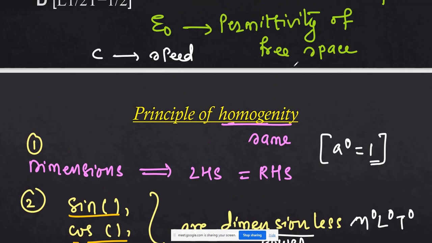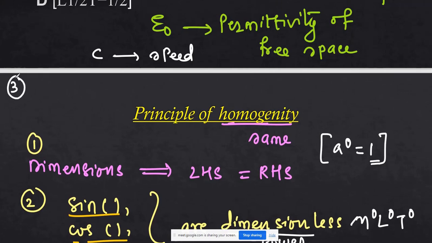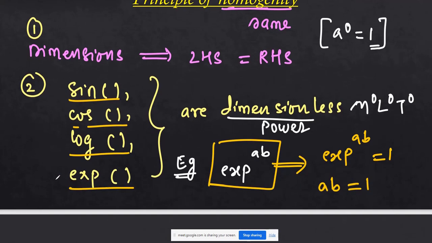And one more important point in the principle of homogeneity. The first principle is that the dimensions are the same on the left and right side. The second important principle is that sine, cos, logarithmic and exponential functions are dimensionless, meaning they don't have any power.